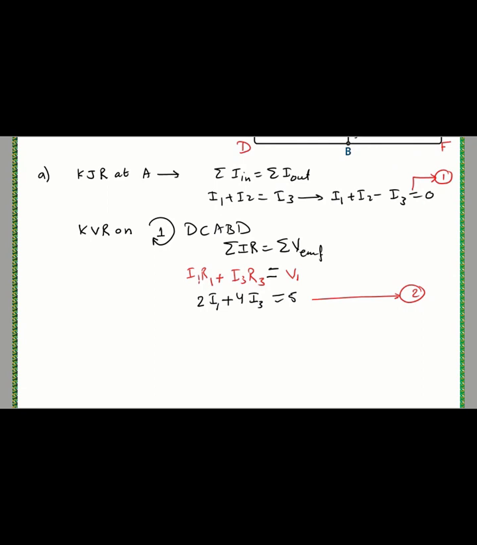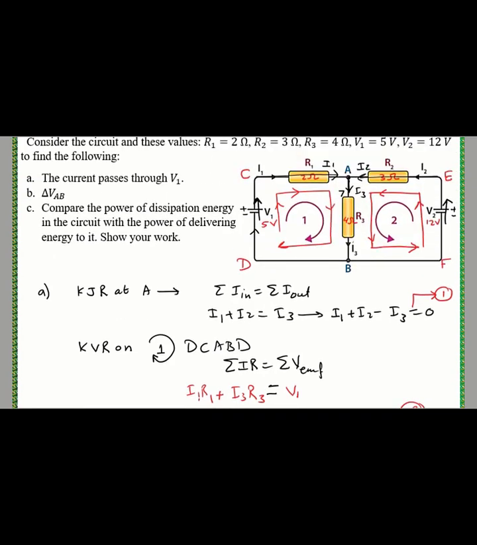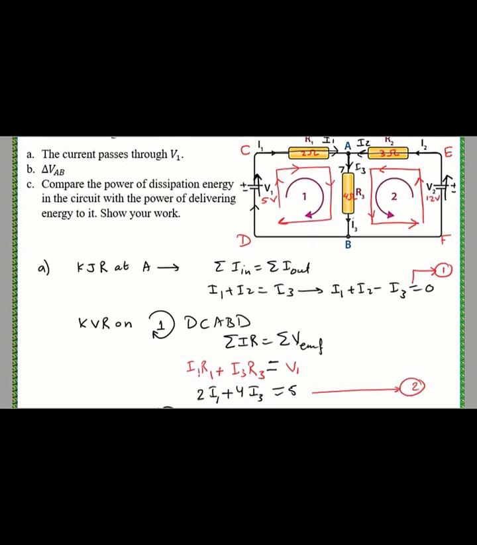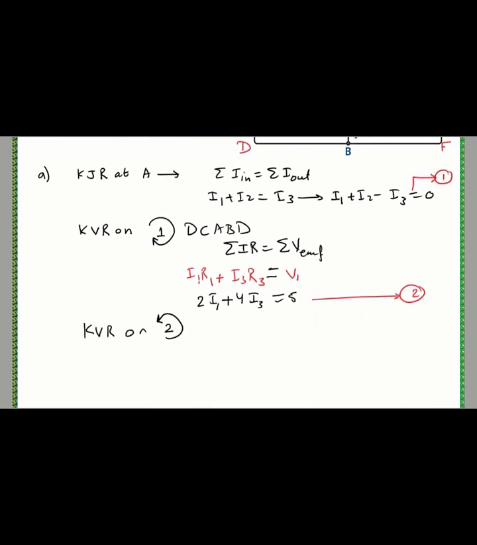Now Kirchhoff voltage rule on this loop counterclockwise. I will start from F, it's easier for me. F, E, A, B, F. Again, it is the summation of IR equals summation of EMF.